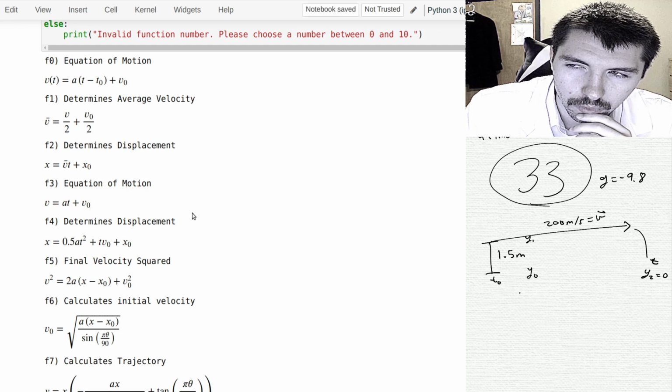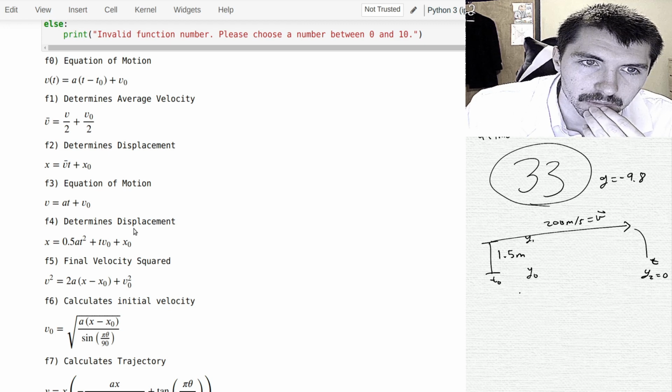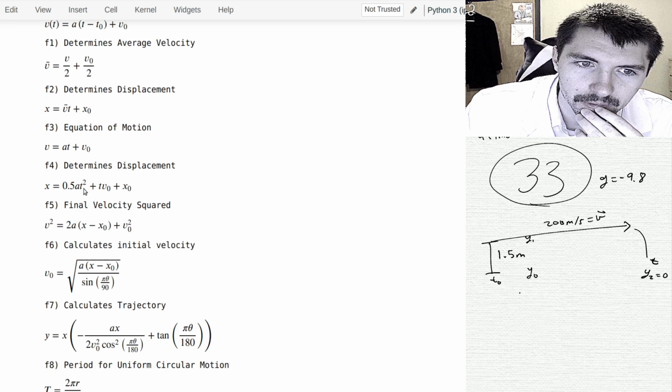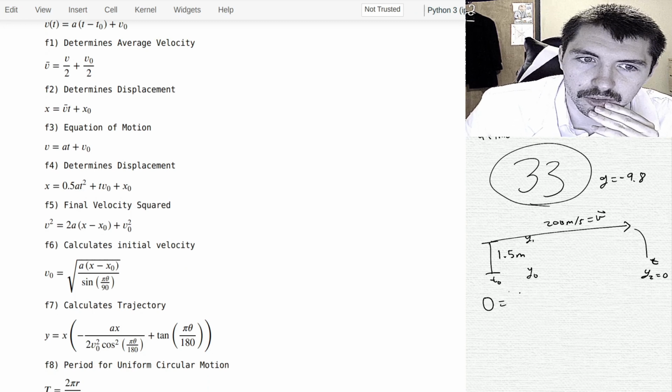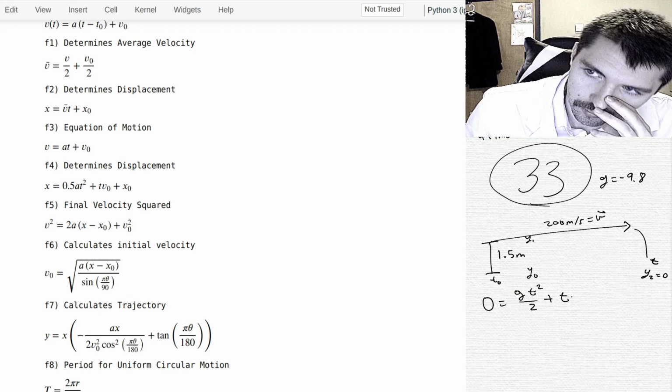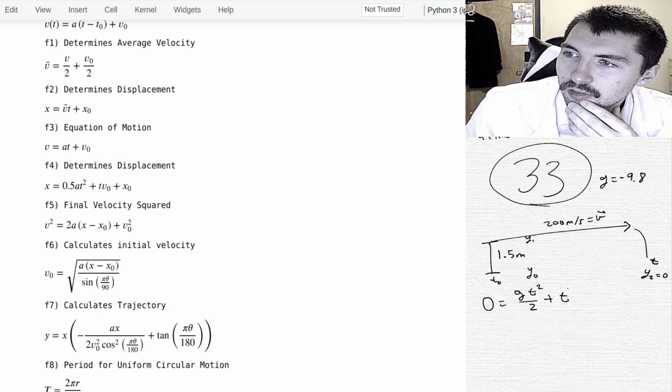So what are we trying to find? Trying to find t. Okay, so we know probably this. So is it 0 equals g t squared over 2, v naught t?